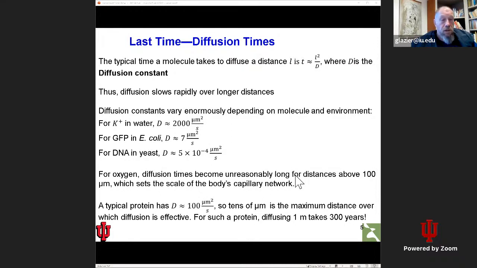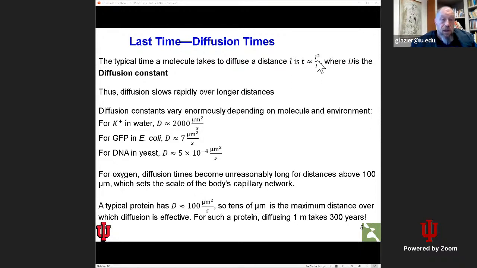For a typical protein that we're going to deal with, a diffusion constant of 100 microns squared per second is reasonable. We ask, how long does something take to go a millimeter with a diffusion constant of 100 microns squared per second? A millimeter is 1,000 microns.